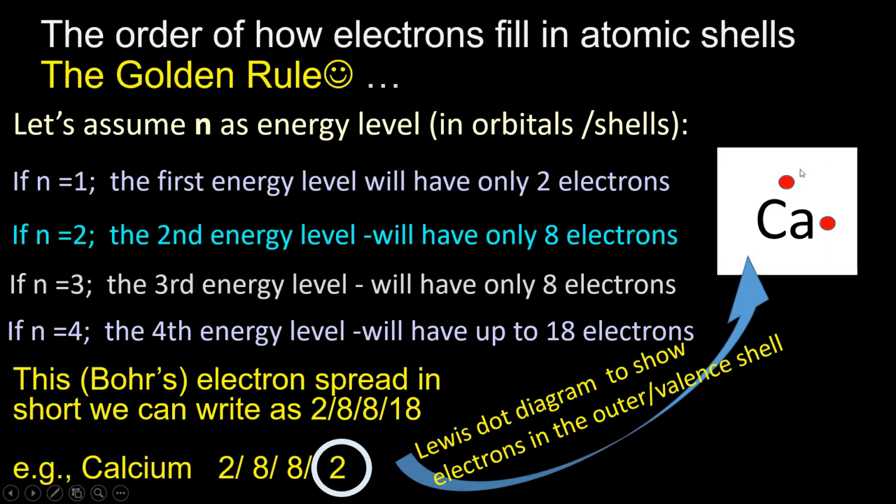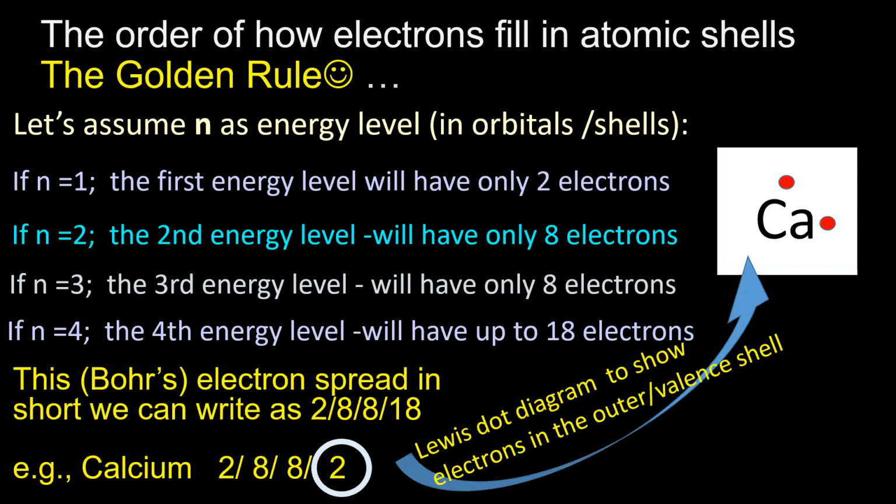Remember, giving electrons takes energy. So in terms of energy lost or gained, it's easier to give 2 electrons and lose that energy rather than getting 6, because calcium does not have the energy to get them, right? We are talking in terms of energy.